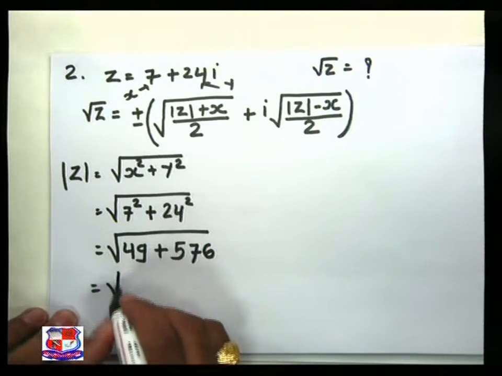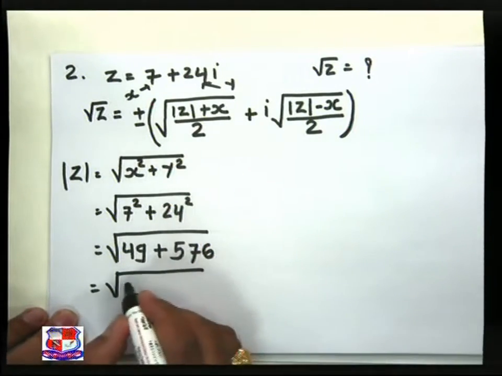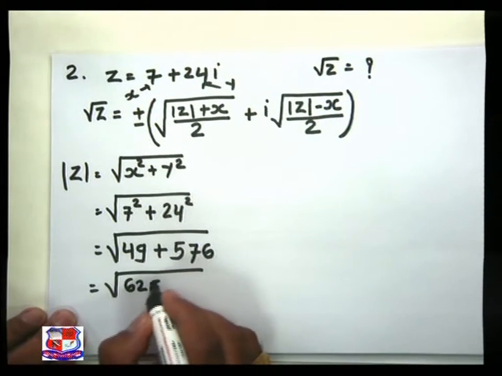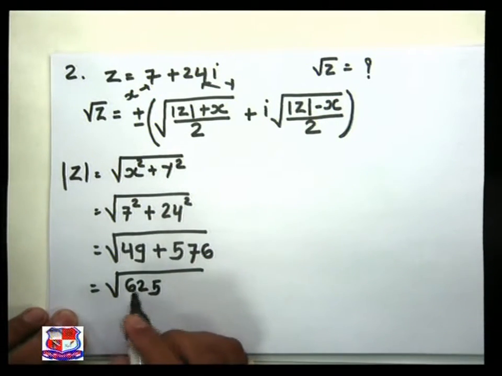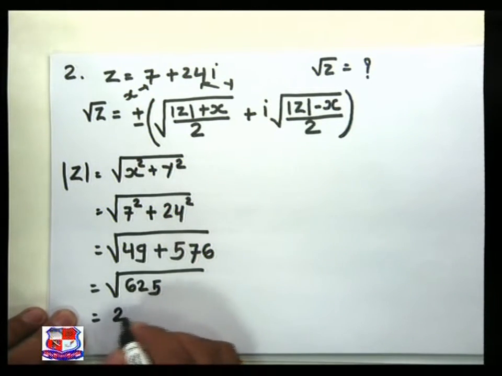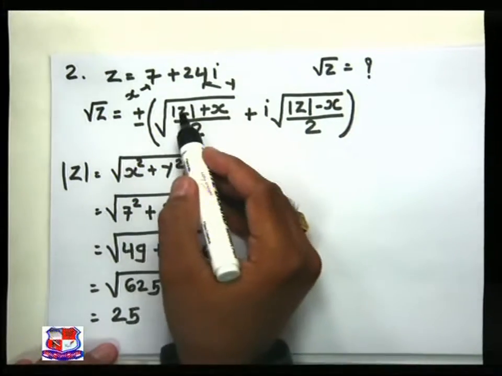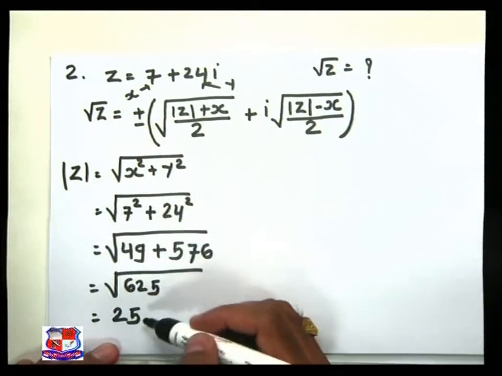Now the summation of 49 plus 576 is 625, and finally under root of 625 is nothing but 25. So mod of z is equal to 25.